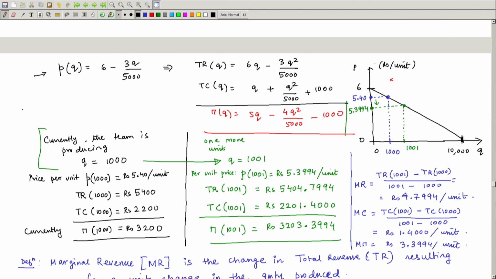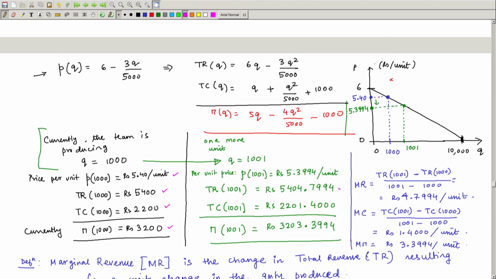What we did was the simple arithmetical exercise of computing the price at 1000 units. That is 5.4 per unit, the total revenue obtained by producing and selling 1000 units, and of course, the total cost of producing those 1000 units, which gives us the profit from producing 1000 units. When the firm produces one more unit, notice the price will no longer be 5.4, because now the firm is selling 1001 units and the price has to be 5.3994 per unit for the firm to get the buyers to buy 1001 units.